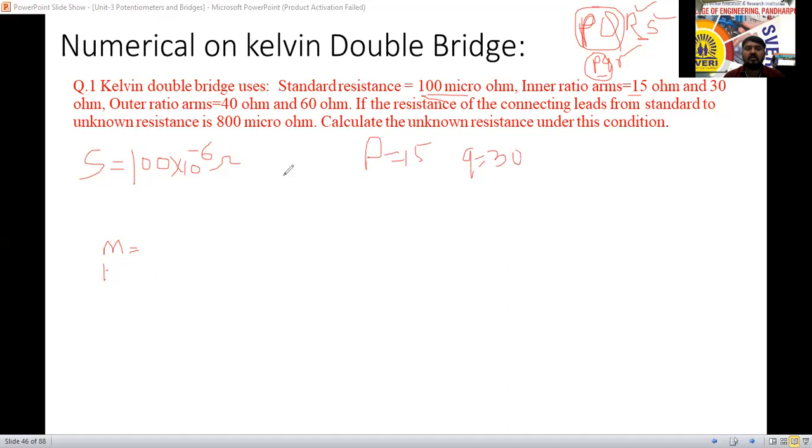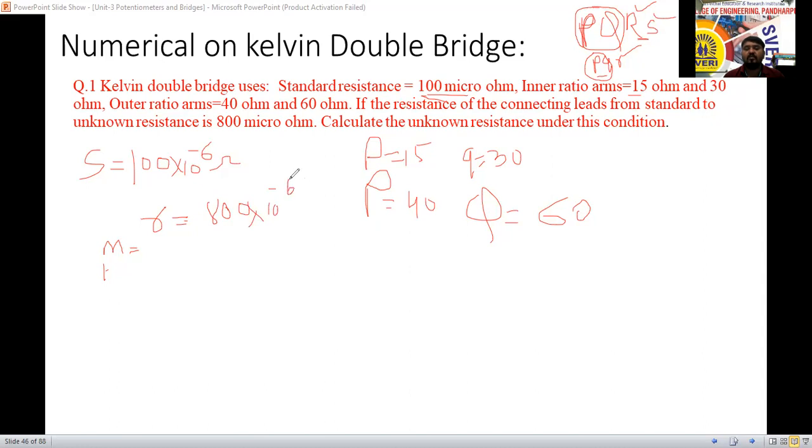The outer arm ratios are capital P equal to 40 and capital Q equal to 60 ohm. Next, the resistance of the connecting lead from the standard to R, small r, is 800 micro ohm, that is 800 into 10 to the power of -6.